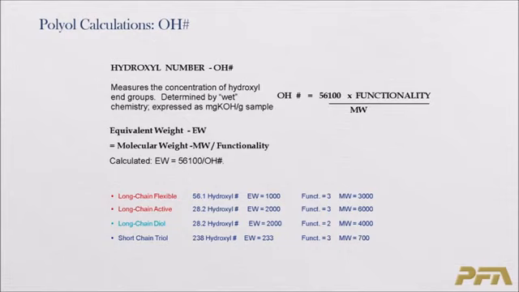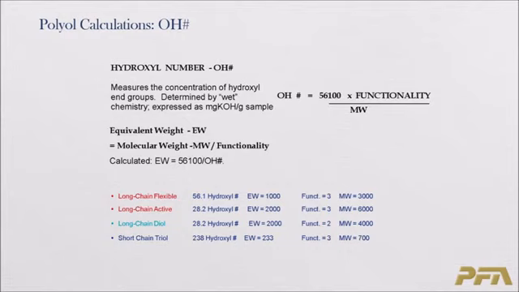But if you know the hydroxyl number and know the theoretical functionality, you can calculate the equivalent weight and molecular weight. So as you see, if you had a 56.1 hydroxyl number, 1,000 equivalent weight, and 3 functional, it's going to be a 3,000 molecular weight. If you had a 28.2, and it's 3 functional, it's going to be twice that equivalent weight.